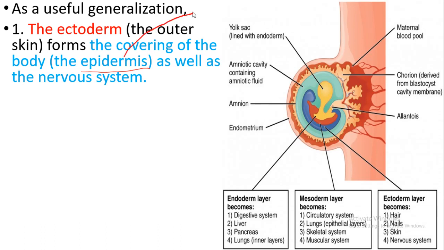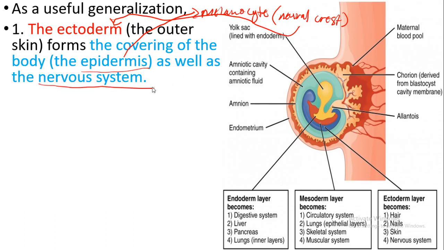Even cells such as the melanocytes, and the neural tissue, normally come from the ectoderm. Please make sure that you understand that the ectoderm will also give rise to the nervous system. Now, this ectoderm will start making some changes with time, which we are going to discuss.